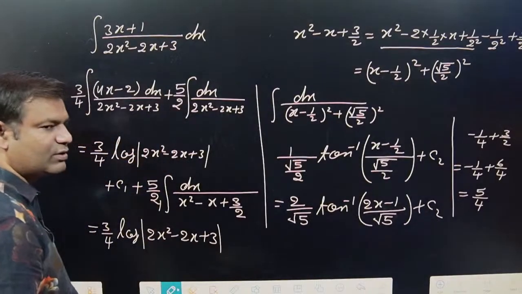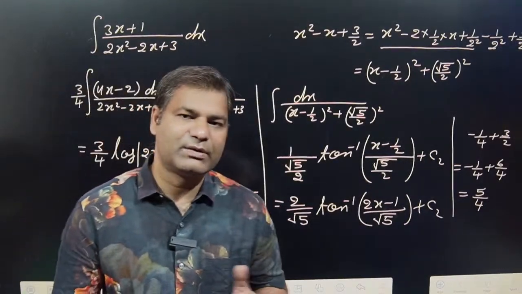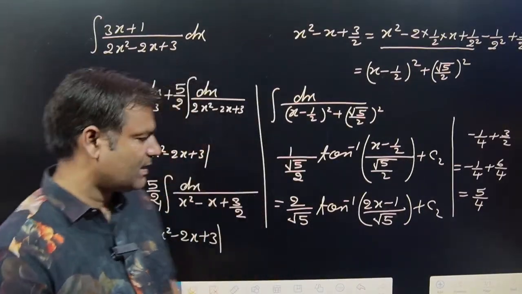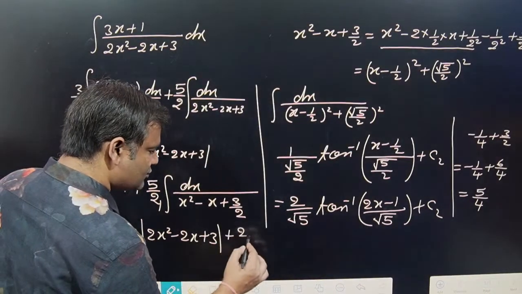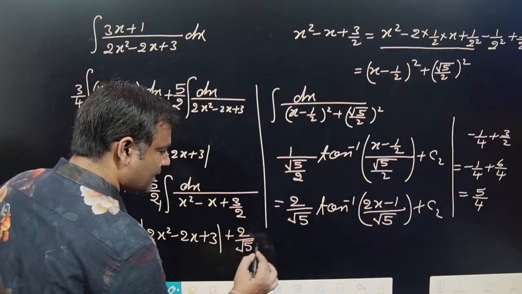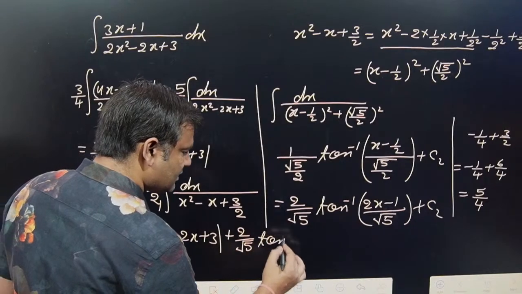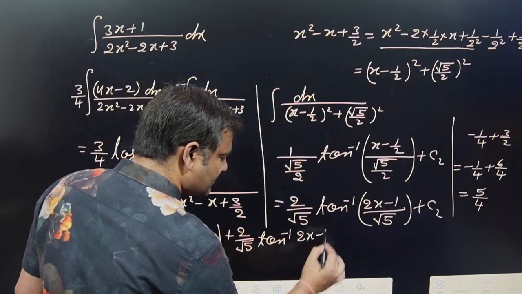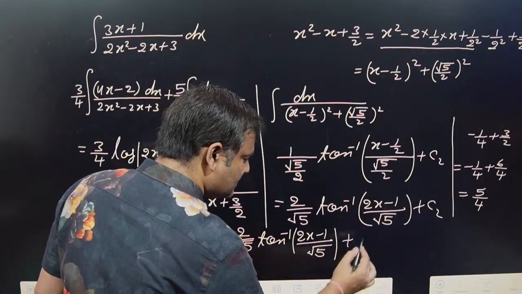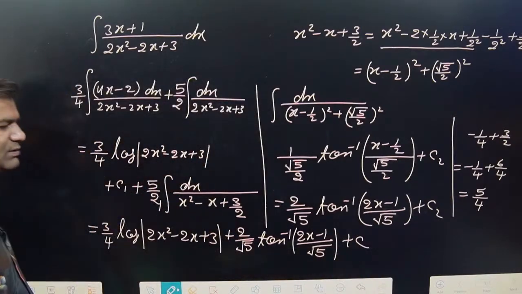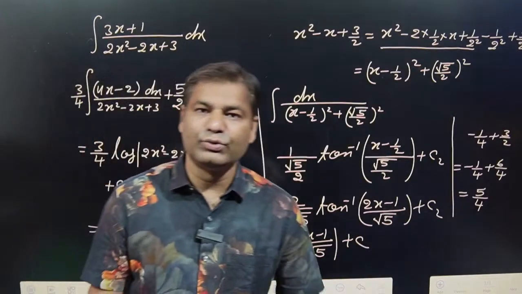After that these two are numbers, c1 plus c2 you can replace with another constant c, plus this one is written 2 upon root 5 into tan inverse how much? 2x minus 1 upon root 5, plus new constant c. So basically c1 plus c2 is replaced by c.